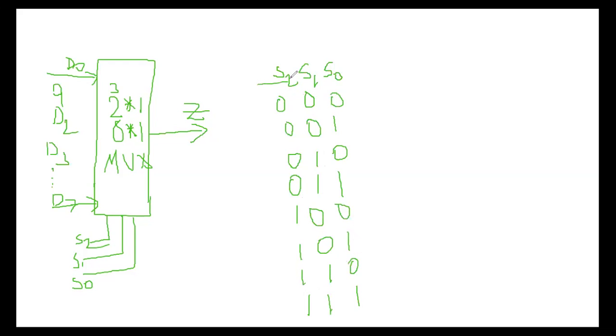This is a 3-bit binary, because we have 3 selection lines. And what is the output Z now?